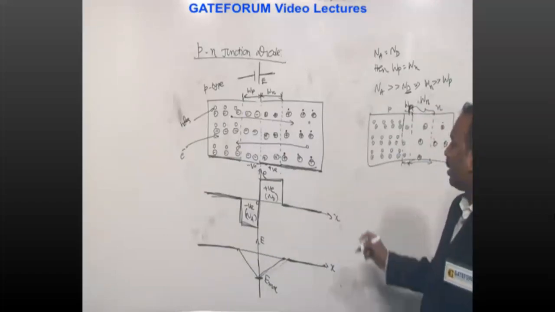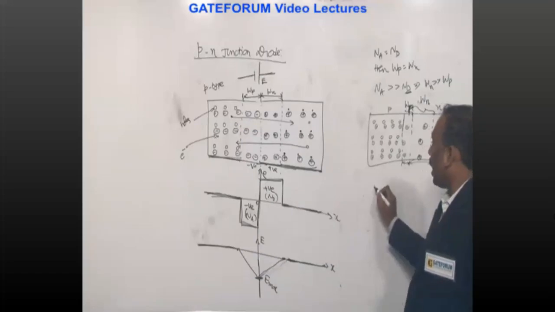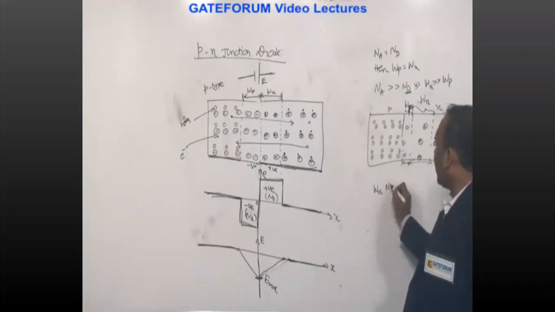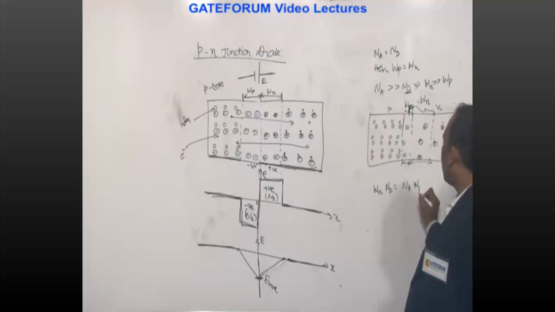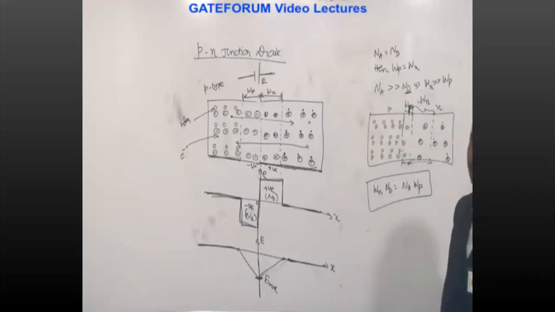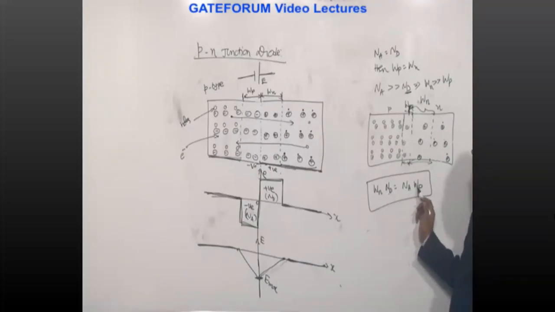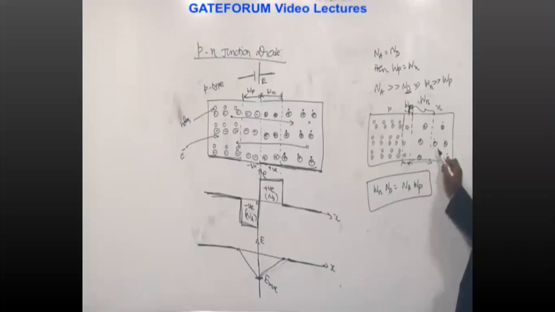There is one relation which is required for problems. Wn into Nd is equal to Na into Wp. See here the same example.